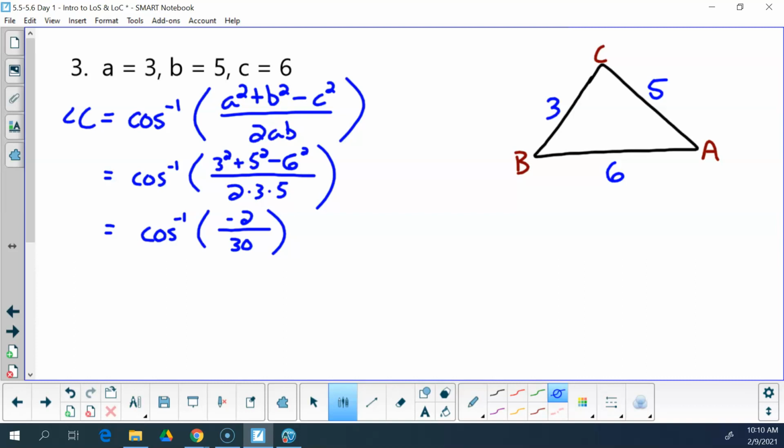I get here that angle C is 93.8226 degrees. Would you concur?